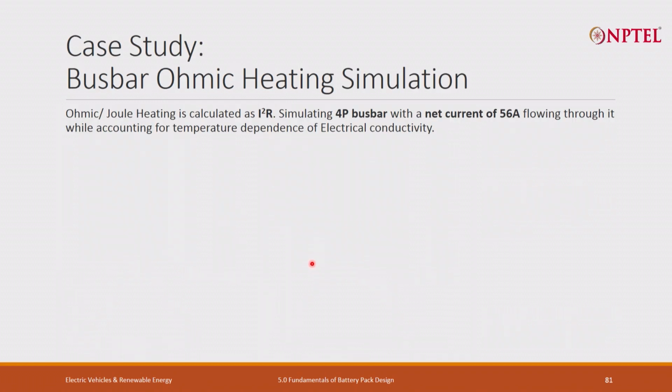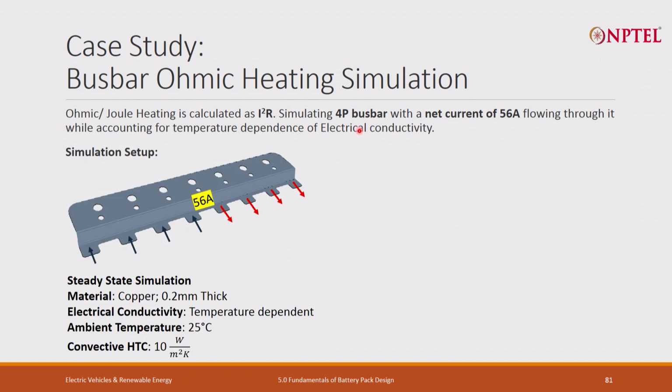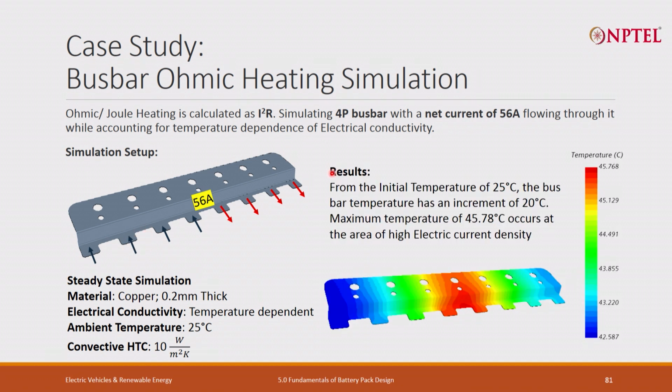Another case study: bus bar ohmic heating simulation, part of which we have discussed in the electrical design, and now we will discuss it here. We use a 4P bus bar, that means 4 parallels, 1, 2, 3, 4, and the net current is 56 ampere.